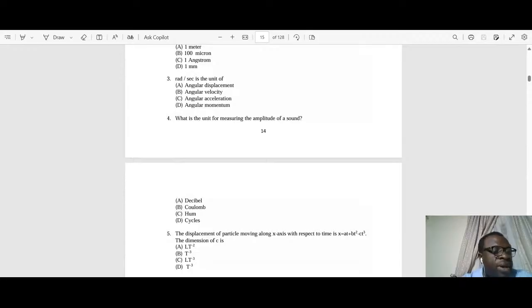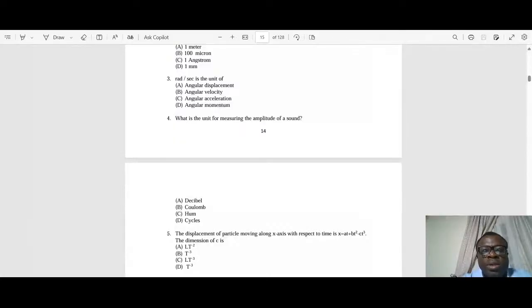Number 4, repeat the question again. What is the unit for measuring the amplitude of a sound? A. Decibel. B. Column. C. Hum. D. Circle. The answer is A, decibel. Decibel measures sound.